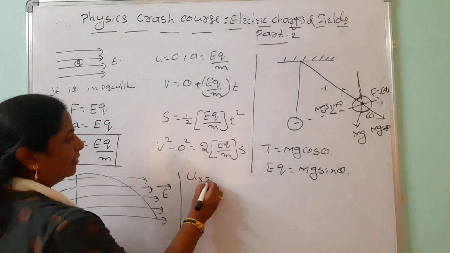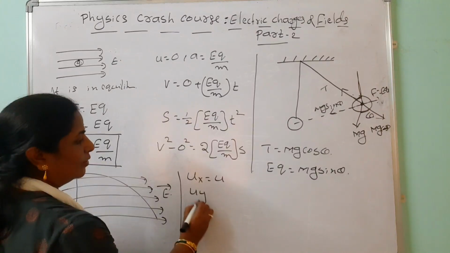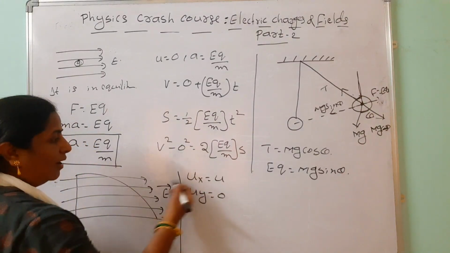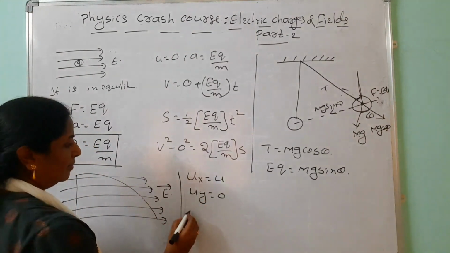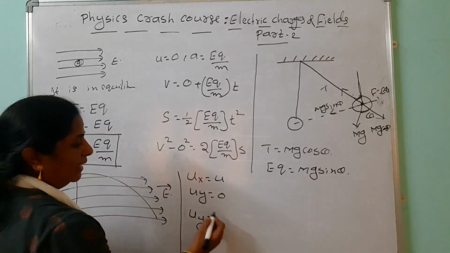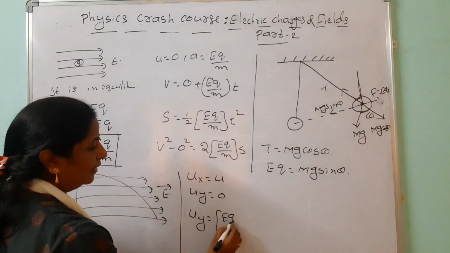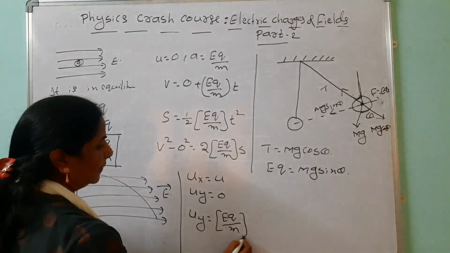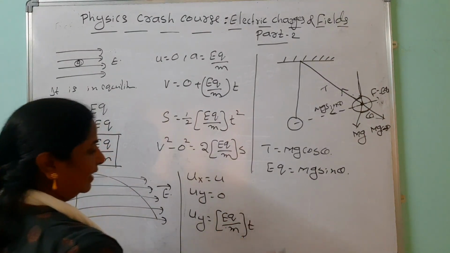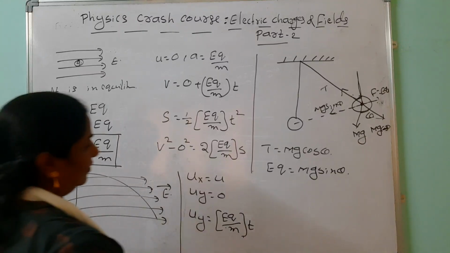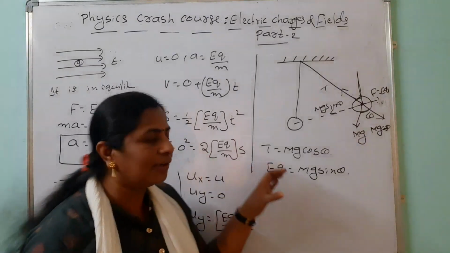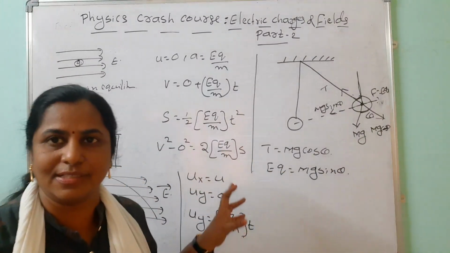Here ux equals u, initial uy equals 0. Horizontal velocity is not changing, but vertical velocity is uy equals a into t. Instead of a, we take EQ by m into t. As usual, we get the parabolic path after simplification. So we can apply the equations of motion here also.